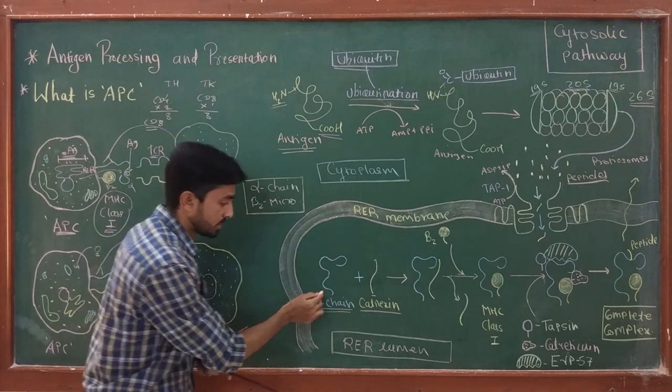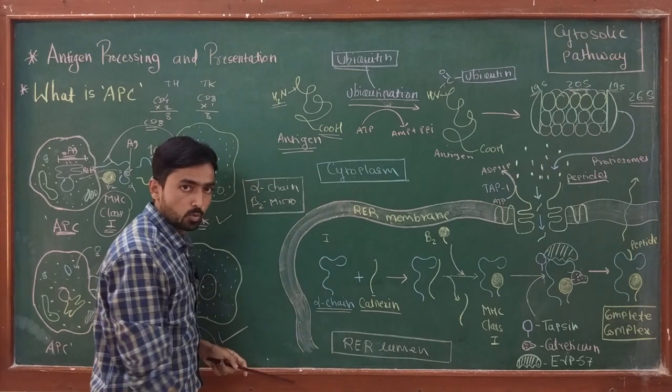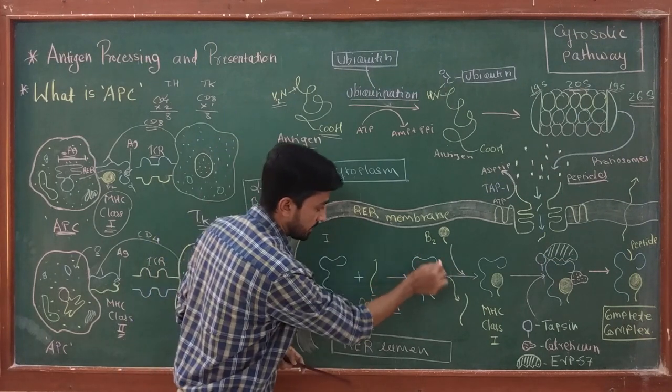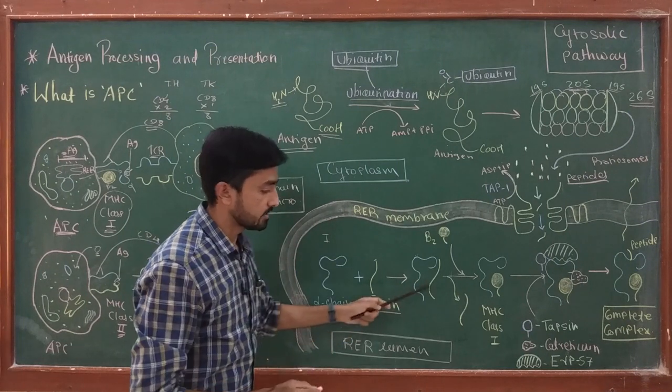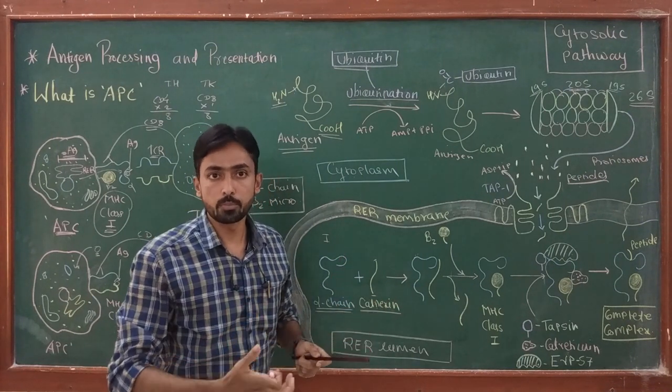So initially this alpha chain of the MHC class 1 molecule is inactive, but after binding of calnexin to the alpha chain, an alpha-calnexin complex is produced, and this calnexin folds the alpha chain into the proper functional conformation.